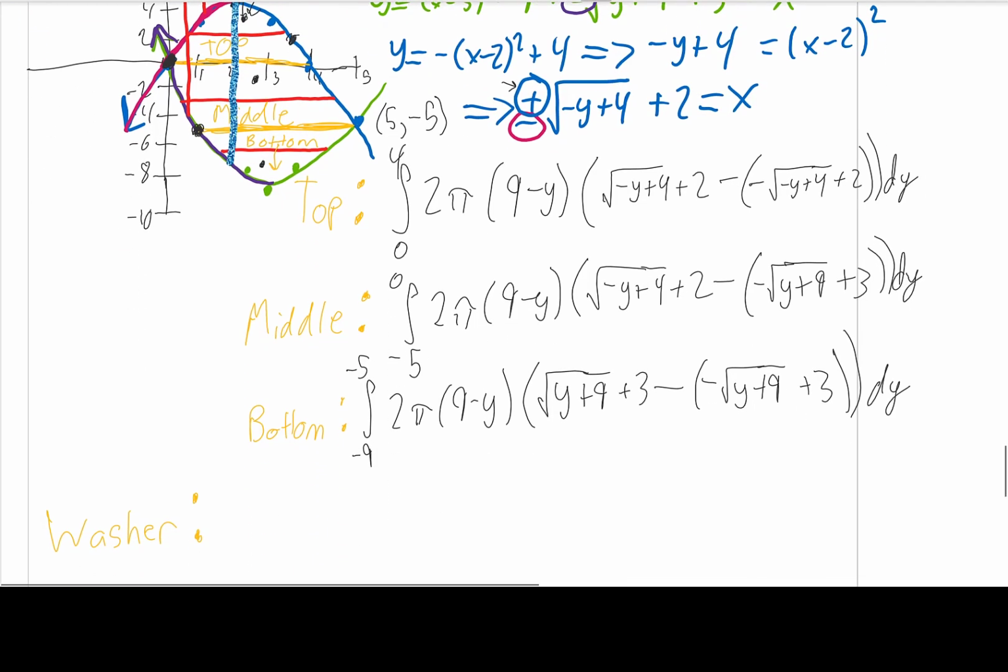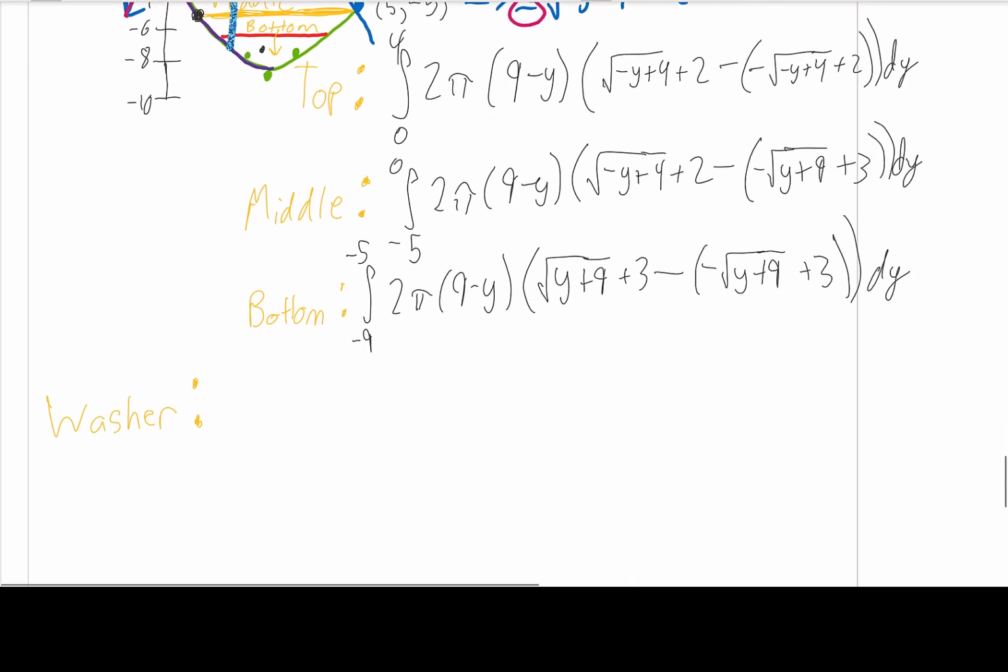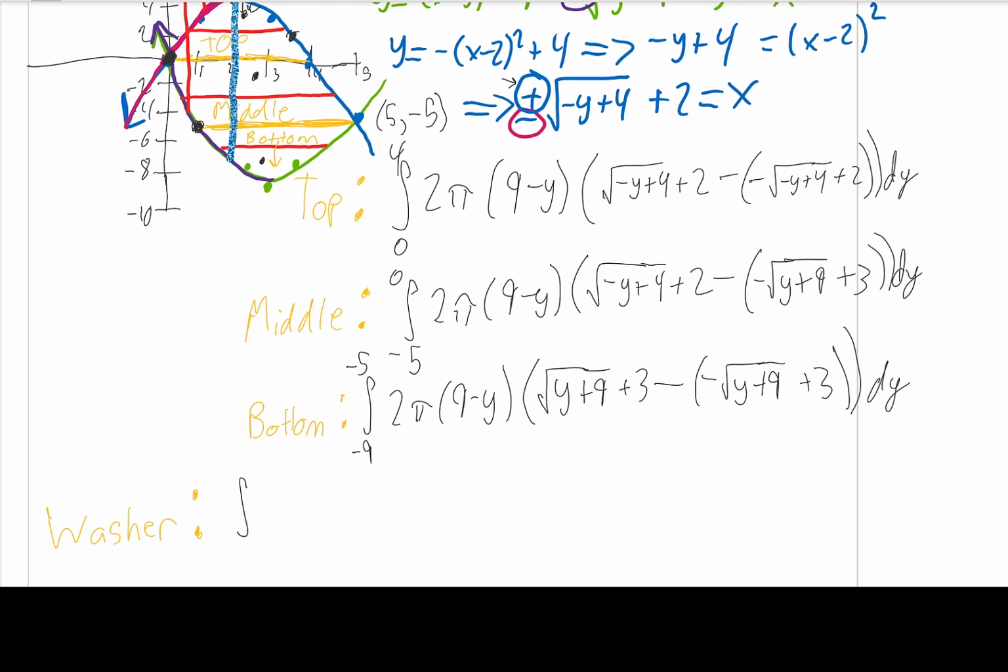And so it should be the integral from our x value that goes the furthest to the left, which is 0, to the x value that goes the furthest to the right, which is 5.